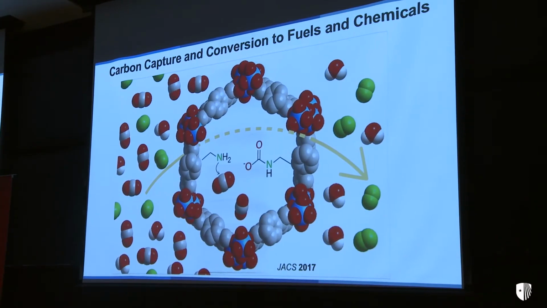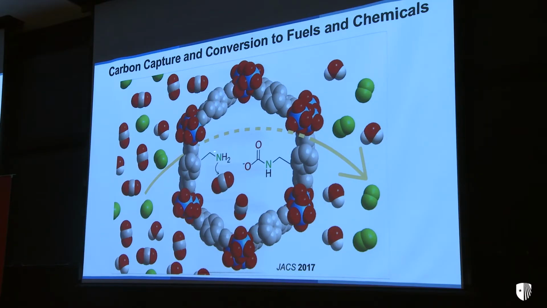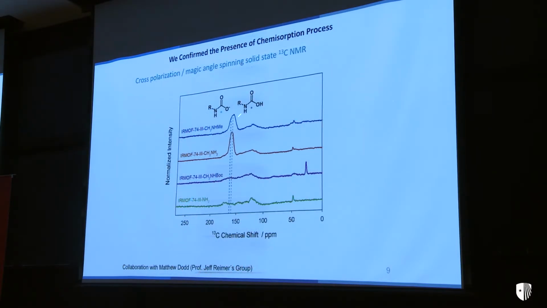But this is where chemistry comes in. You have a crystal of the MOF, and now you functionalize it with the same amine type of unit that they use in the liquid. Okay? And you make carbamate. And you can prove with carbon-13 NMR that in fact you are making the CO2-bound material.